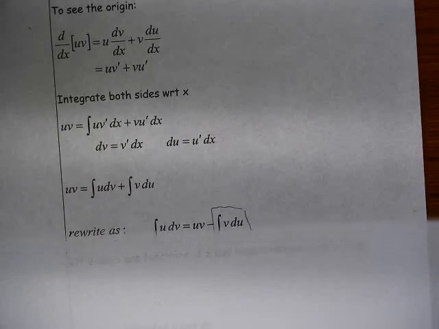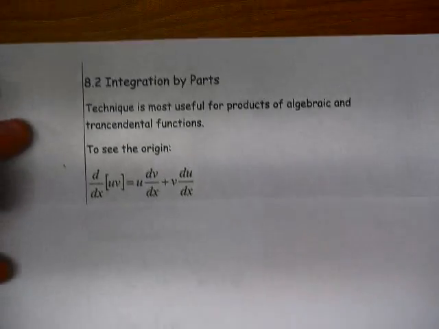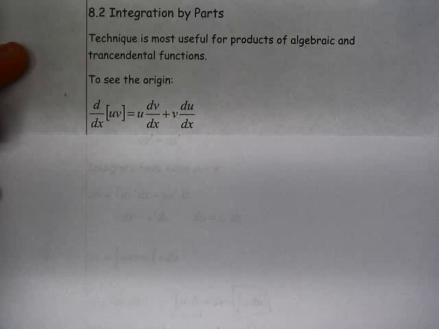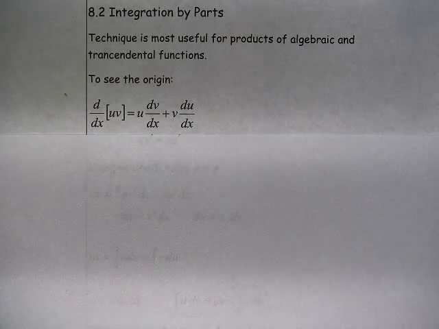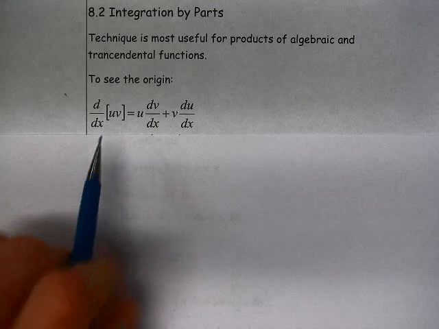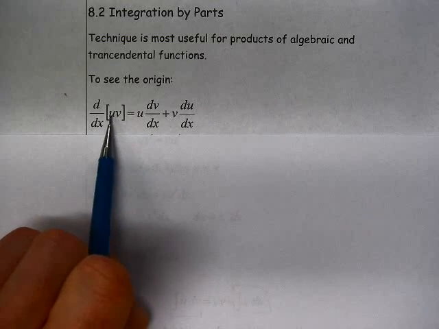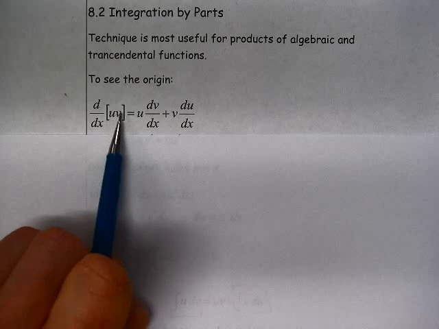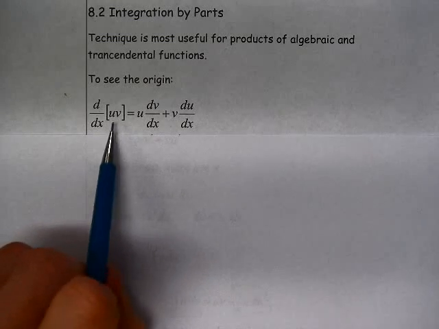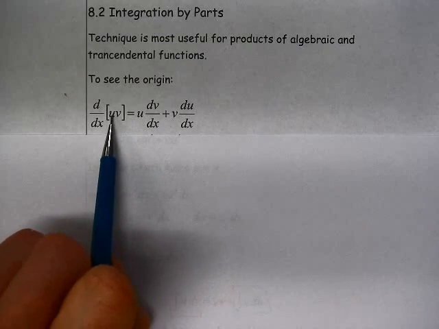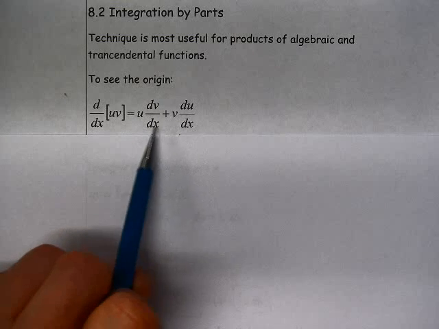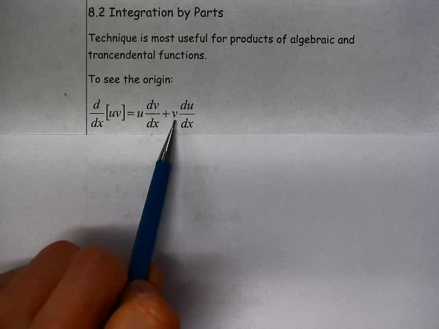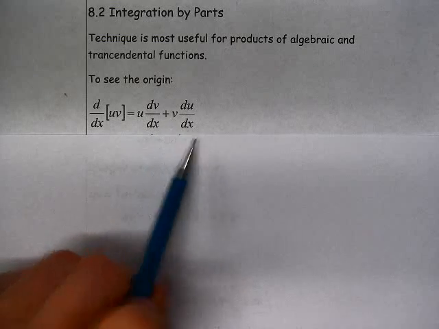If we start with the idea of the product rule, so just taking the derivative of a product of two factors, these both are probably functions of x, right? So we do u times v prime plus v times u prime, or u times dv/dx plus v times du/dx.